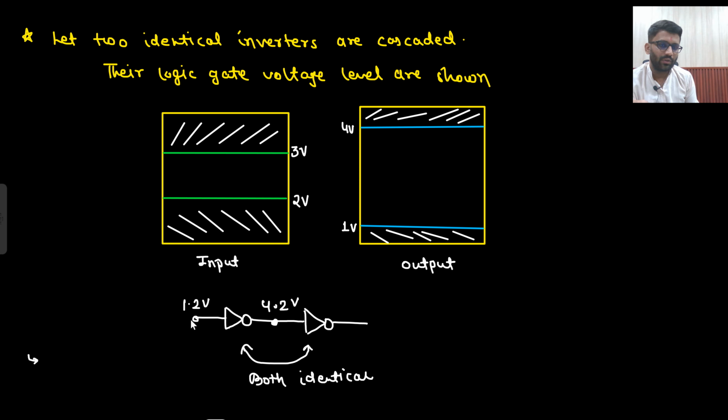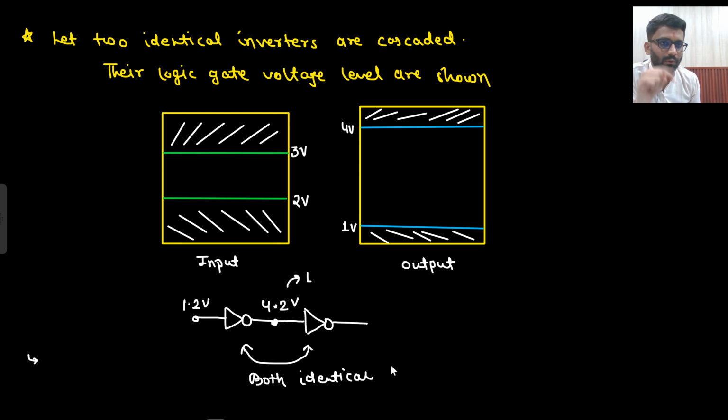If I am applying logic low here, I will receive logic high at the output, right? So logic high means something above 4 volt, say 4.2 volt. Now it is being fed to the other logic gate. As per the input, 4.2 is high only, so it will give me low.